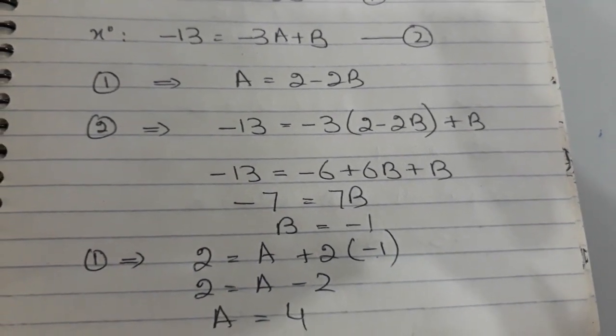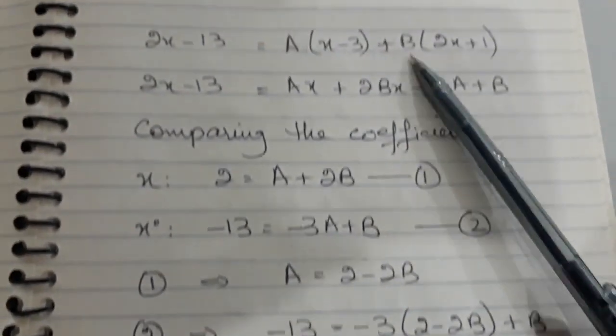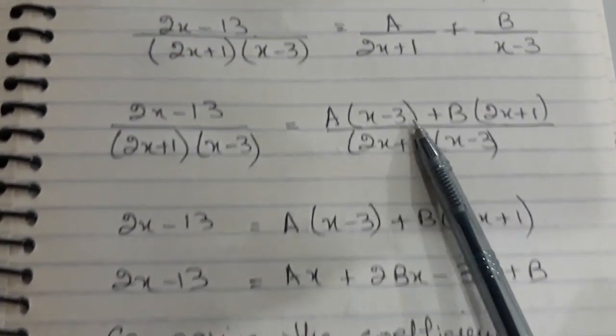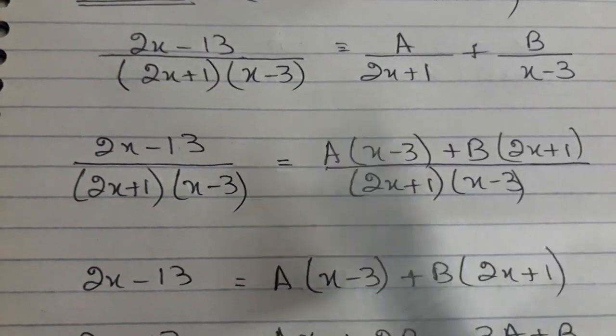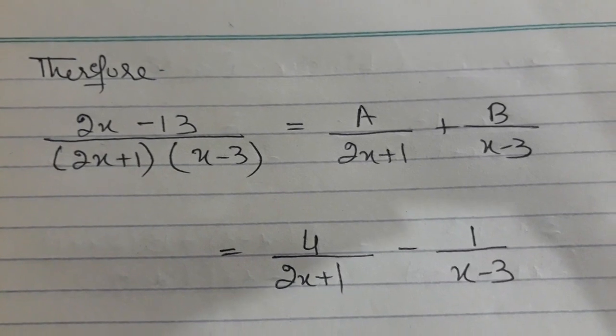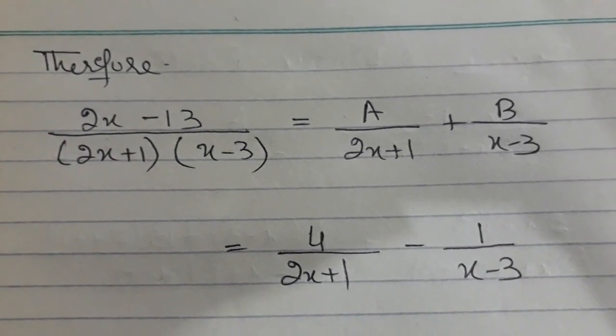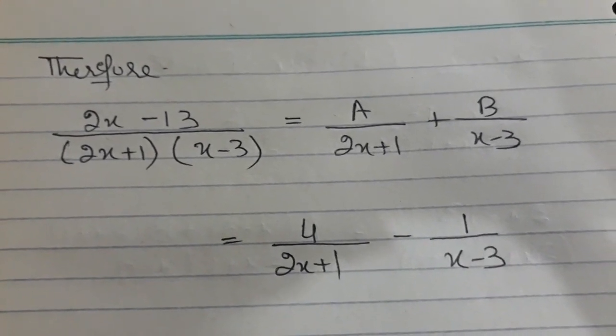The value of a is 4, b is minus 1. I will plug in these values in this partial fraction, so it will become 4 over 2x plus 1 and minus 1 over x minus 3. I hope you understood this case number 1.